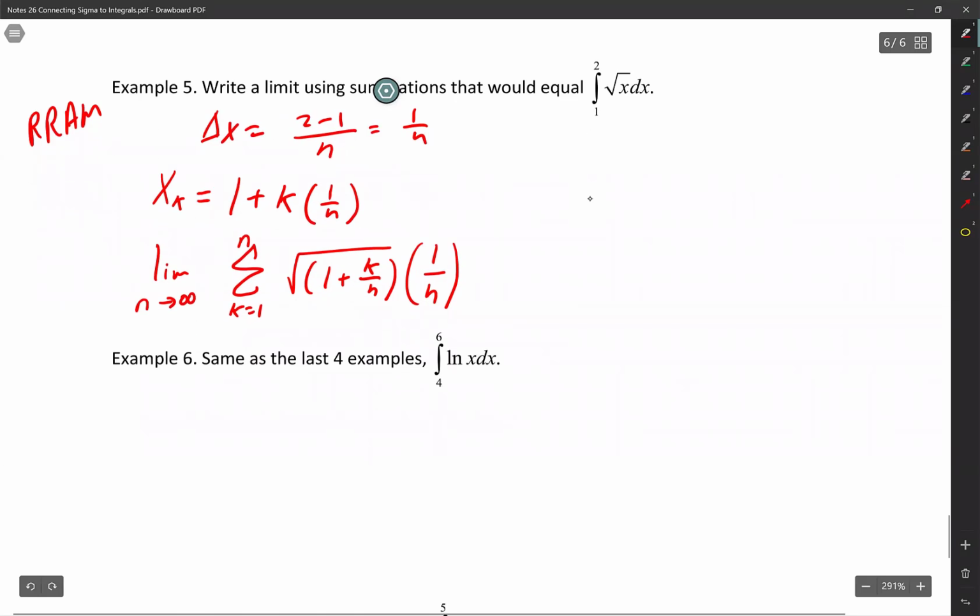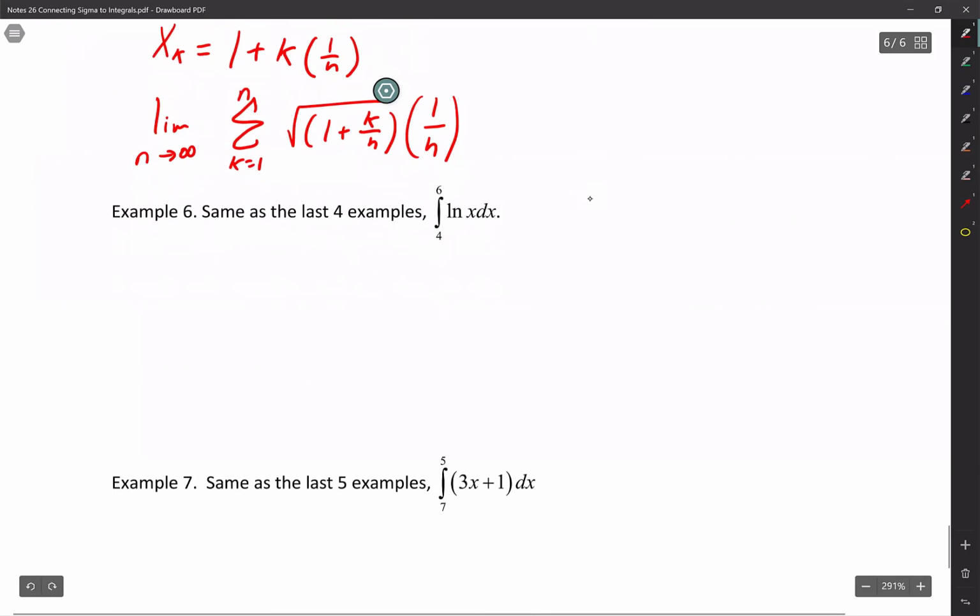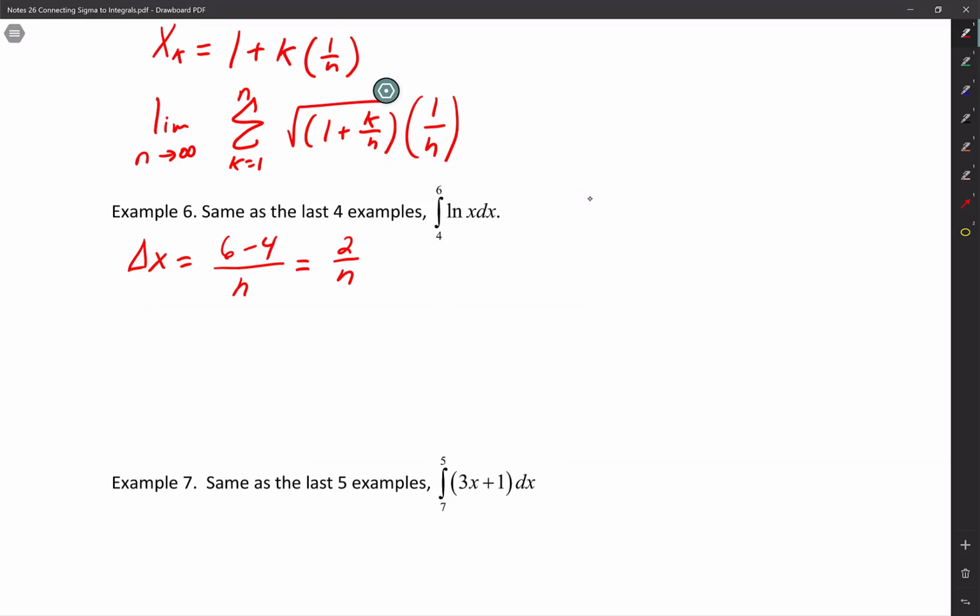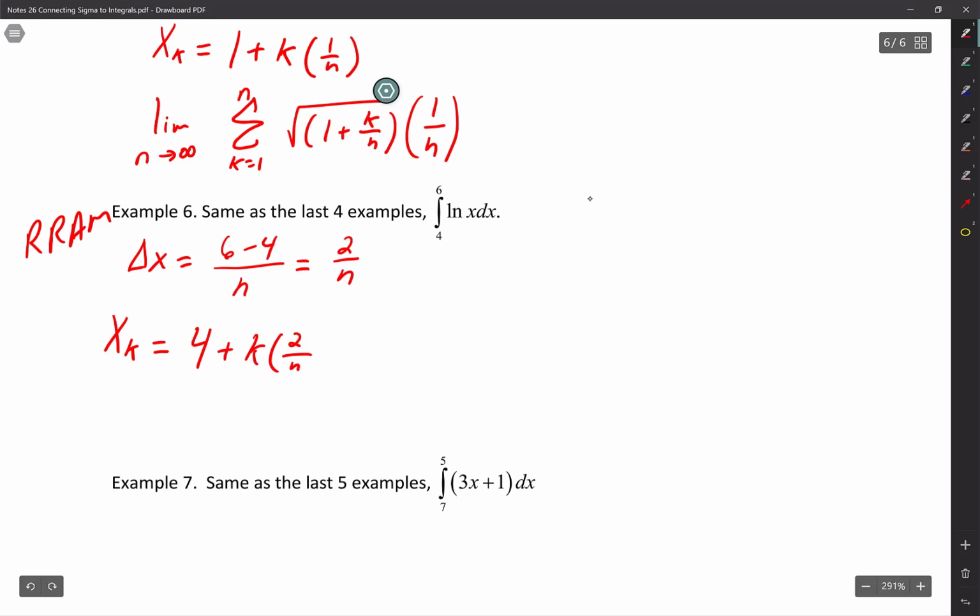All right, let's see if we can do this again. Delta x: 6 minus 4 over the number of rectangles, 2 over the number of rectangles. That's your delta x. The x value of the kth rectangle: 4, we're doing RAM, all of these are RAM. 4 plus k times the delta x, 2 over n.